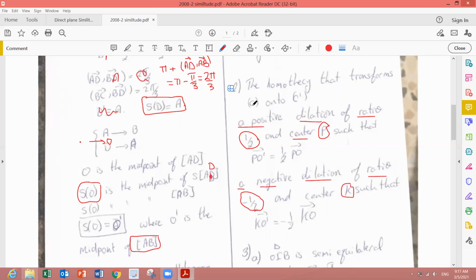Actually, professor, the new circle has center O prime. Yes. And why are we doing these ratios? He is saying show that there exists.